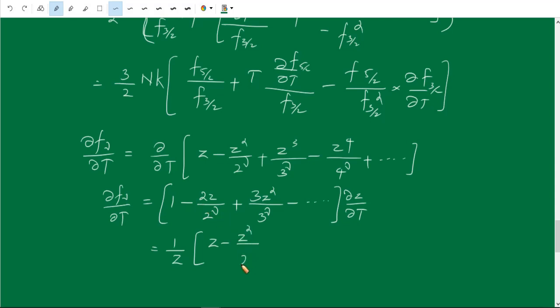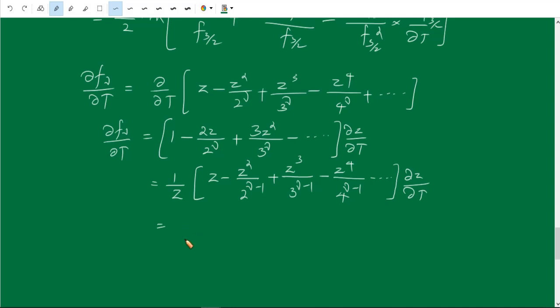So z square divided by 2 power nu minus 1 plus z cube divided by 3 power nu minus 1 minus z raised to 4 divided by 4 power nu minus 1 etc., dou z by dou T. Okay, so this is equal to f nu minus 1 of z into 1 by z dou z by dou T. So this is the differential of the Bose-Einstein function f nu of z with respect to T. So we may use that in the above expression.